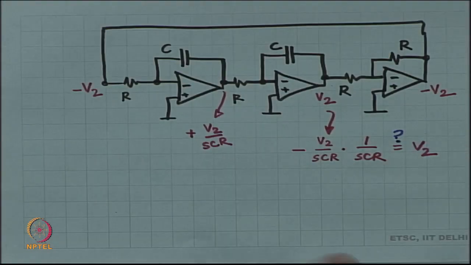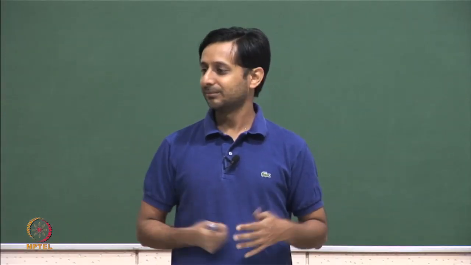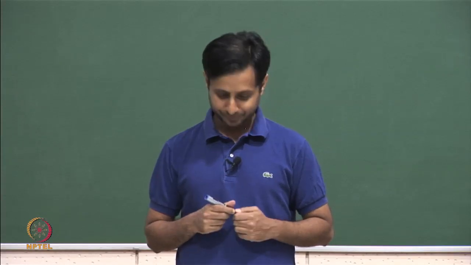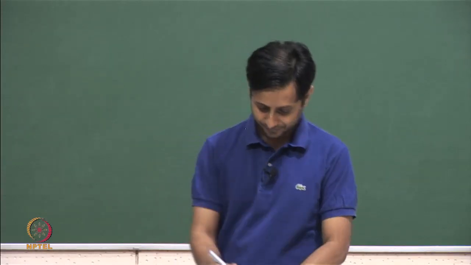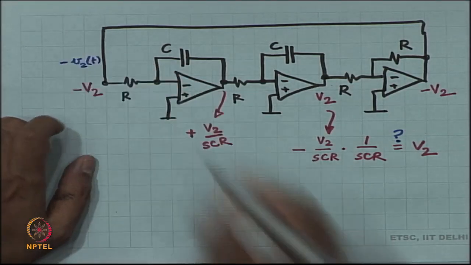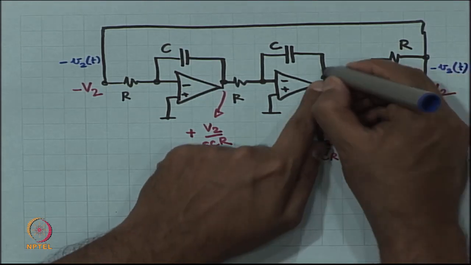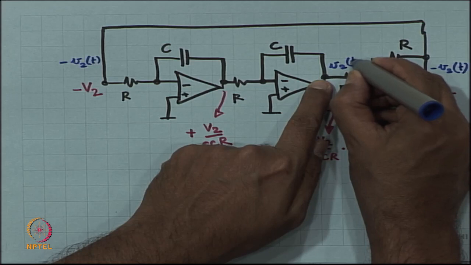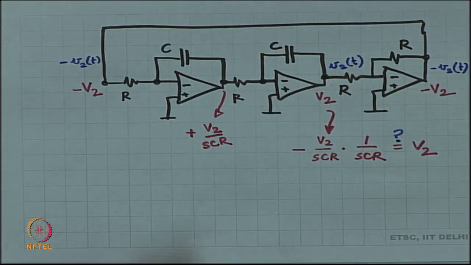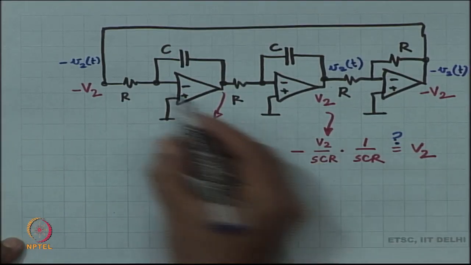All right, let us look at it in the time domain. When things do not work out in the frequency domain, a lot of times it might be nicer to move to the time domain where things are a little more tractable. Okay, let us think. This is minus V2 of t. This is V2 of t. And this was V1 of t, which is fine. I will just write out what is happening.